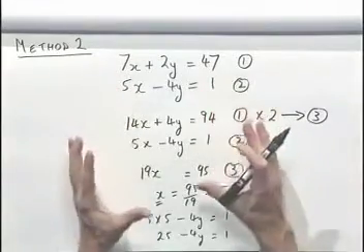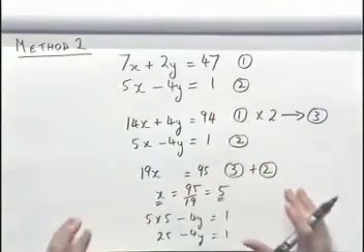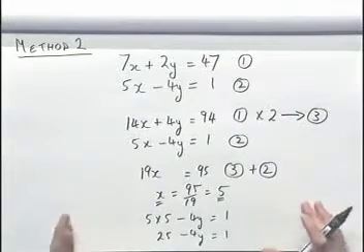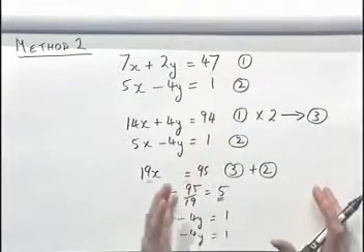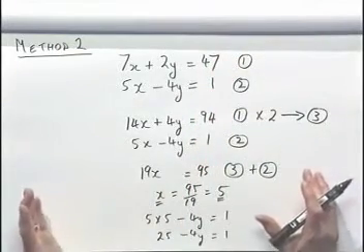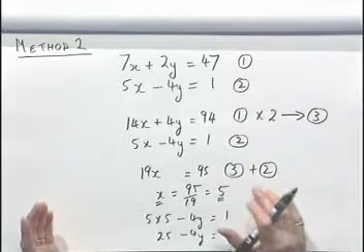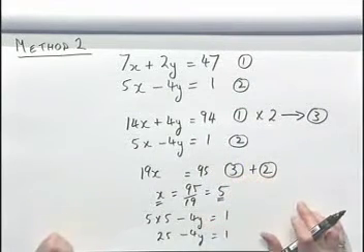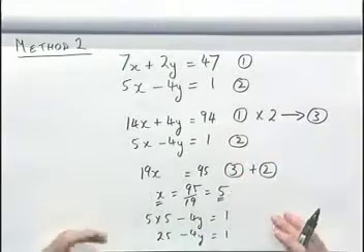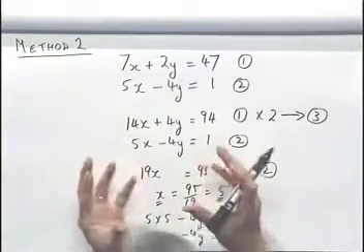So the setting out of this work actually helps you to be able to check it. Second thing to notice is down this side, I've kept a record of exactly what I've done. Multiplying the equation by 2, adding the two equations together. And that's very helpful when you want to check your work. What did I do? How did I actually work this out? By having this record down the side, you don't have to work it out again.